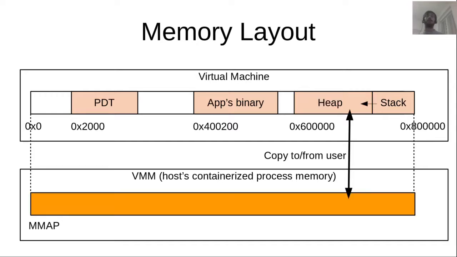This memory is accessed from the virtual machine monitor. So when a syscall has to be forwarded to the host, the virtual machine monitor just modifies the address of the parameters to point to the corresponding address in the host process. Let's see this in an example.